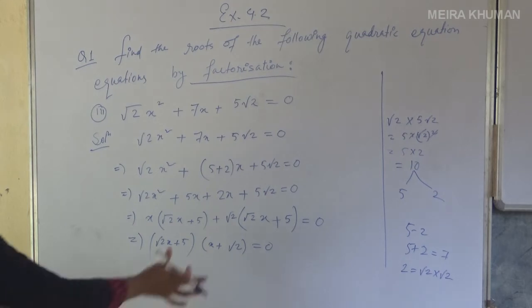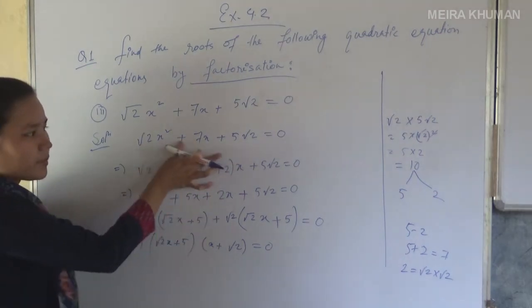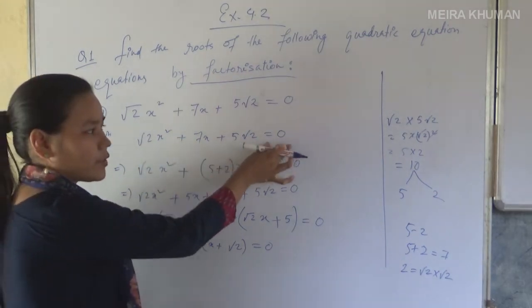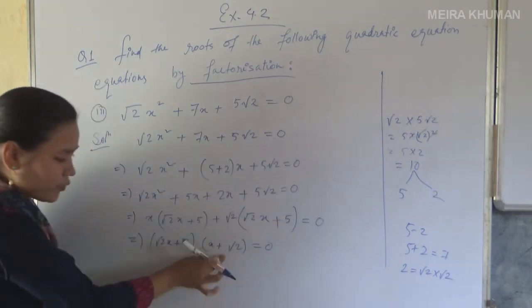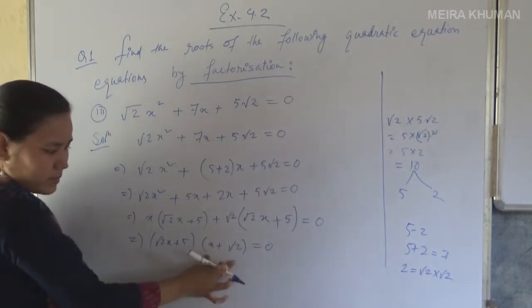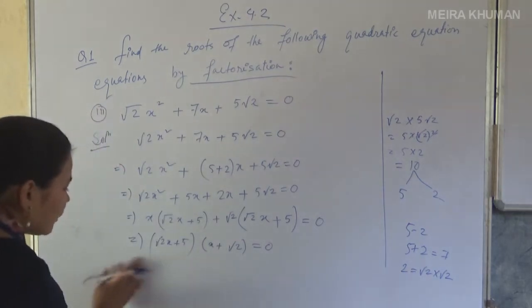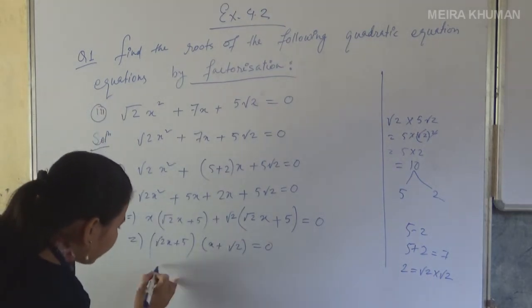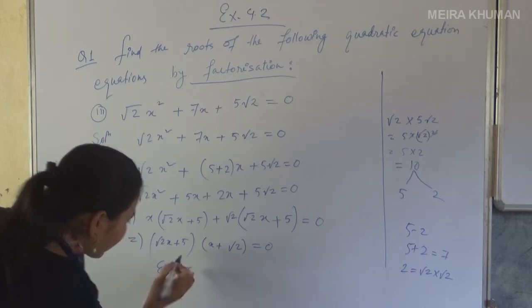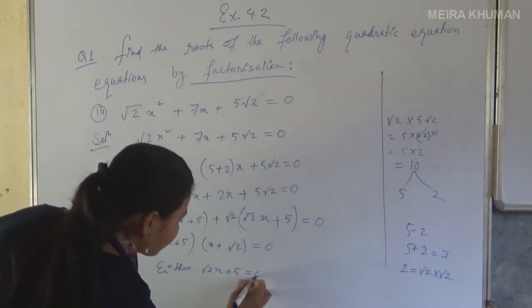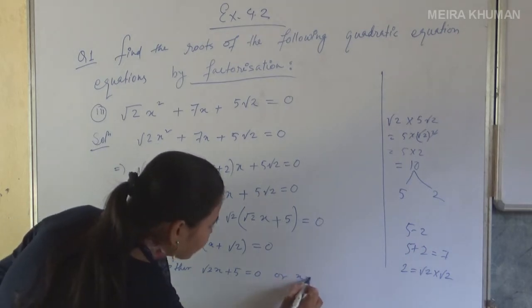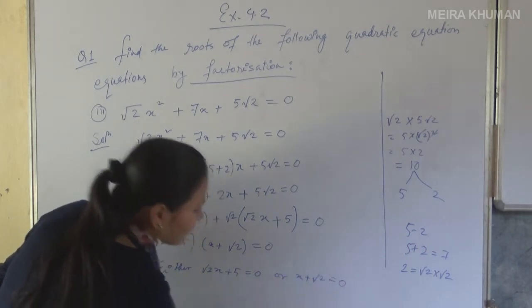So you are getting this quadratic equation, root 2 x square plus 7x plus 5 root 2 equal to 0, in terms of two factors. One is this, another is this. These two factors you can write for getting the x value: root 2 x plus 5 equal to 0 or x plus root 2 equal to 0.